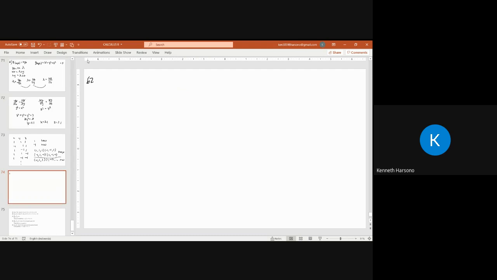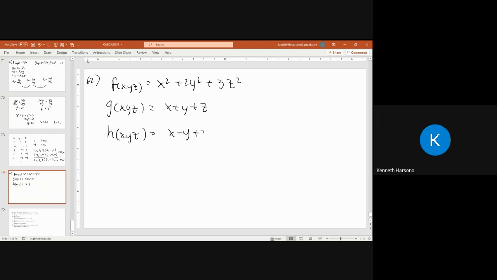So 62. We have two constraints right now, right? x plus y plus c and the other one. These two are the constraints.